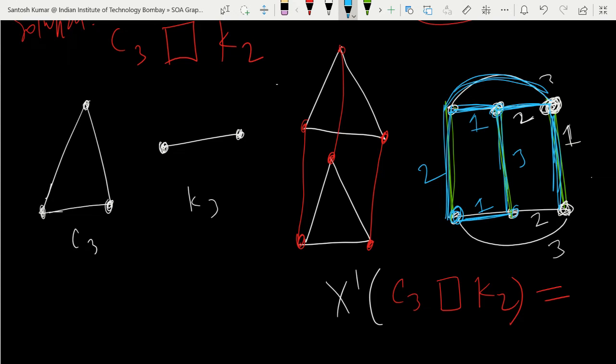Yeah, so you check. Let me say 1 means this red. So edges with the same color form a color class. You can see they are non-incident edges. Color 2 you can see with this white.